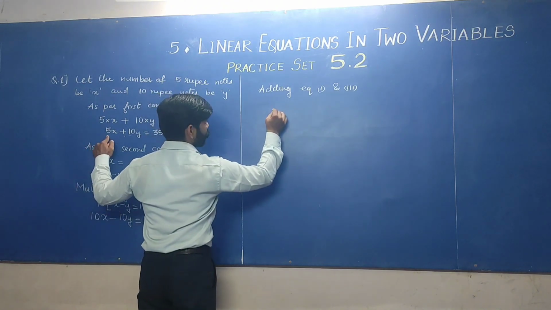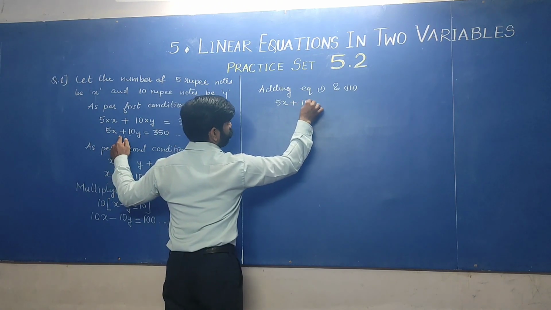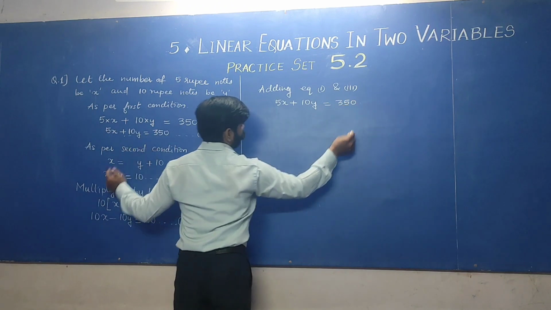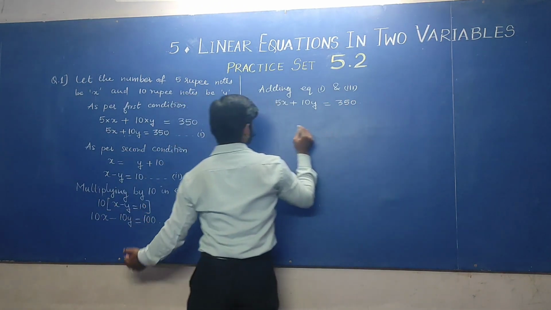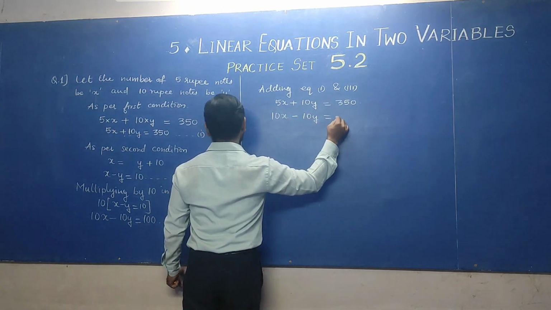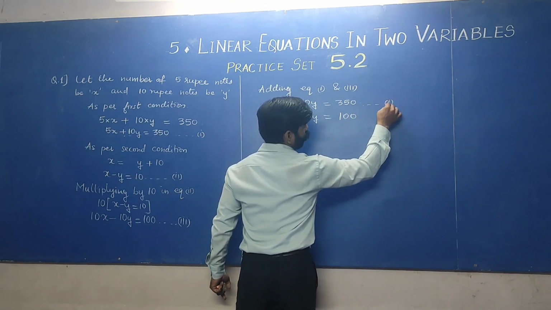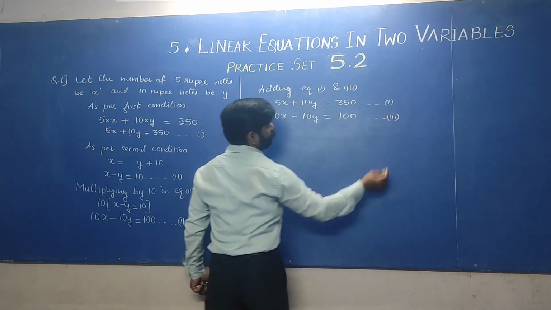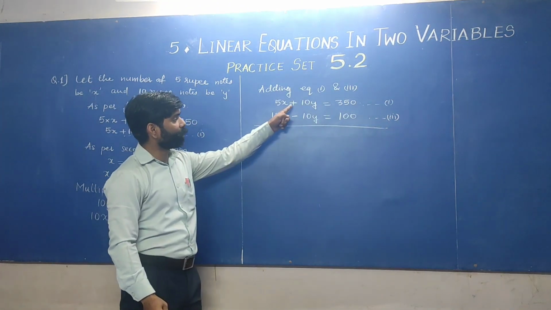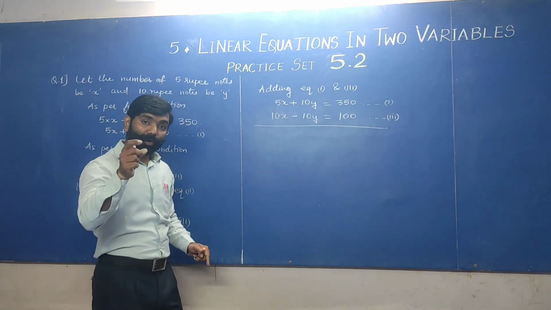So equation number 1 is 5X plus 10Y is equal to 350, and equation number 3 is 10X minus 10Y is equal to 10 tens are 100. Why are we adding these two equations? Because we have two different signs, as we have discussed in the elimination method before also.